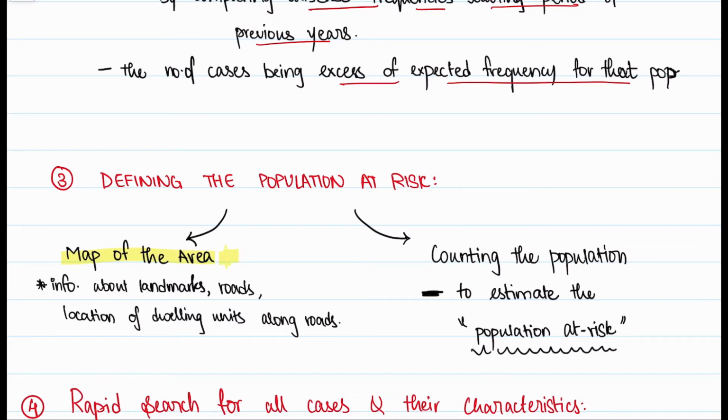Suppose in COVID, we have put red zones, right? The whole red zone is at risk because they might come in contact with the one affected. So one is the map of the area and then counting the population. This is done to estimate the population at risk, how many people are at risk actually.